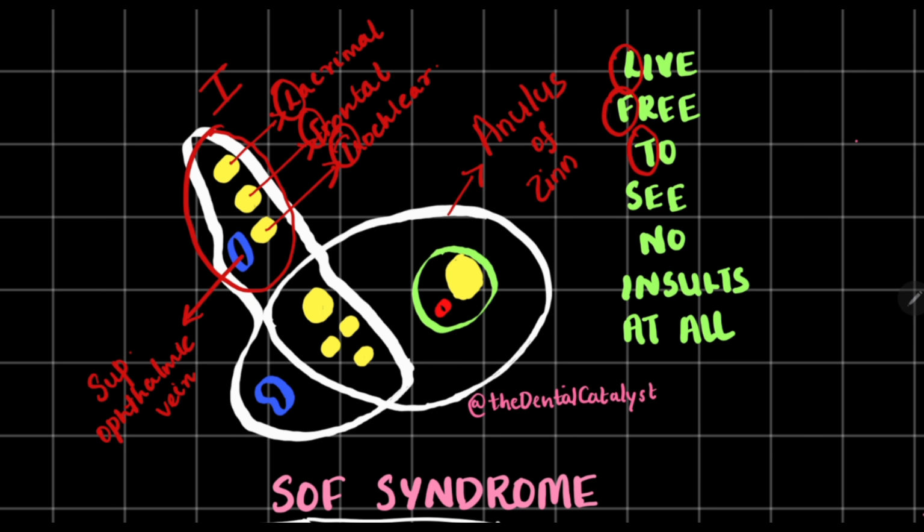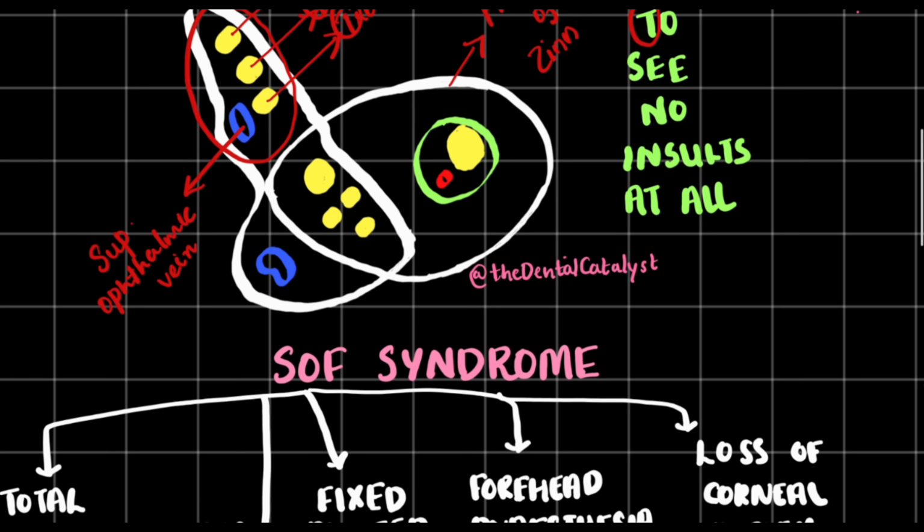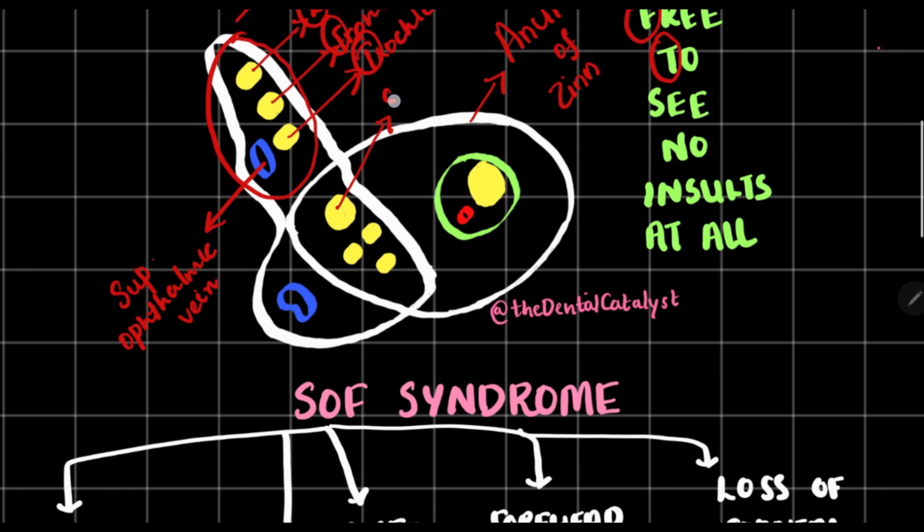Now, if we look into the middle sector, we have 4 nerves. The first one is the superior division of the oculomotor nerve. We also have the inferior division of the oculomotor nerve.